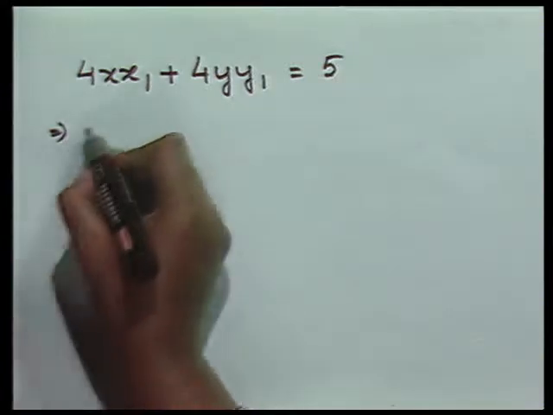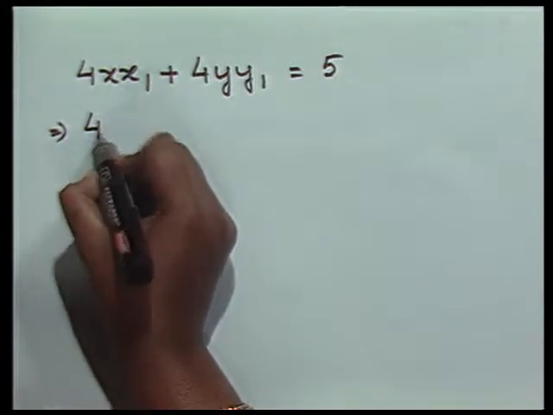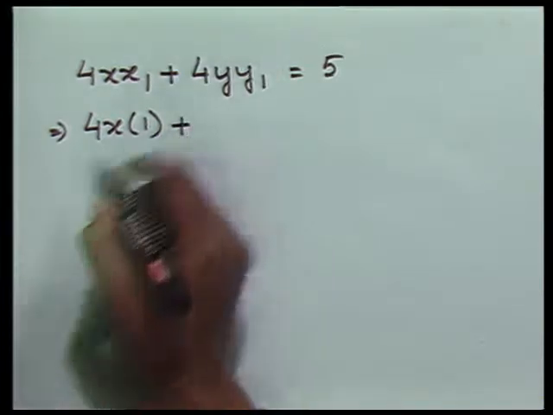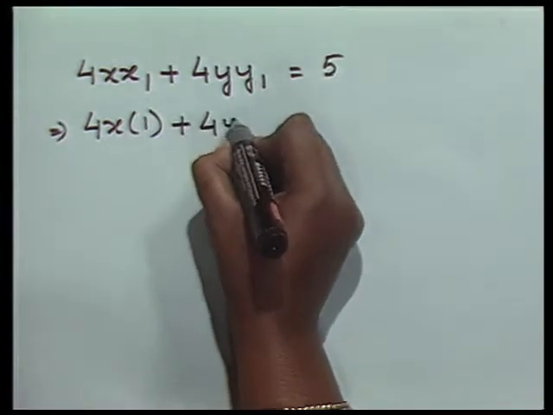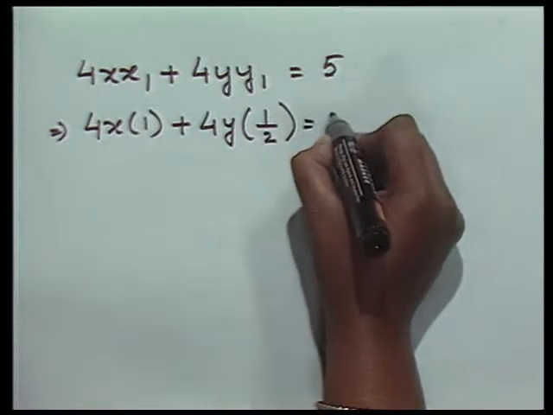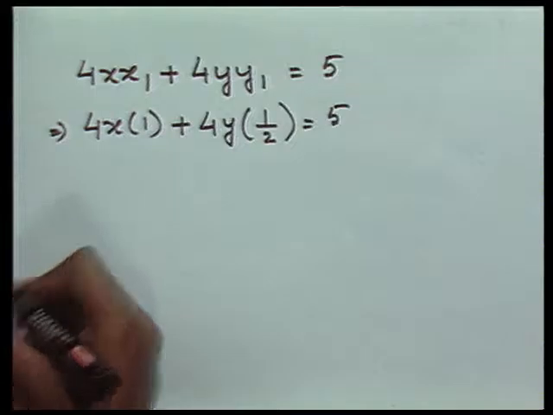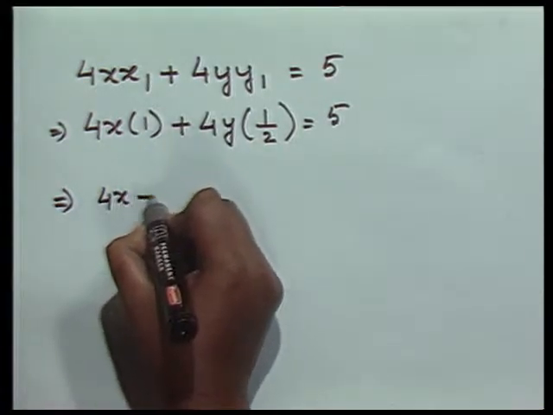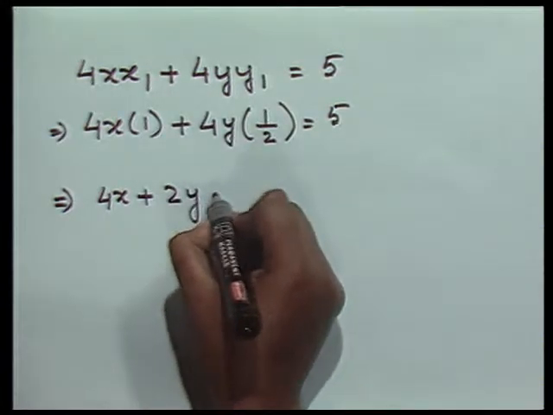Now we will substitute the values of x1 and y1, that is 4x into 1 plus 4y into 1 by 2 is equal to 5. If we solve the equation, we get 4x plus 2y is equal to 5. So, this will be the equation of the tangent.